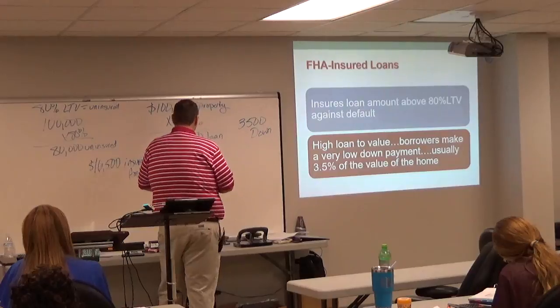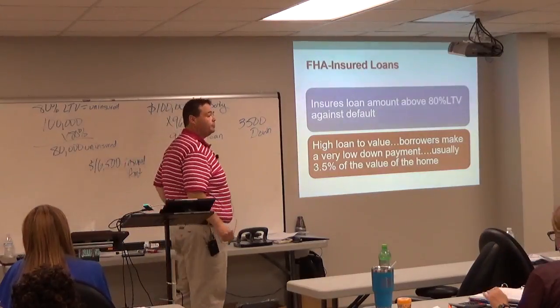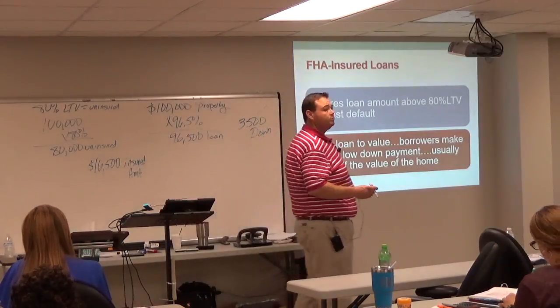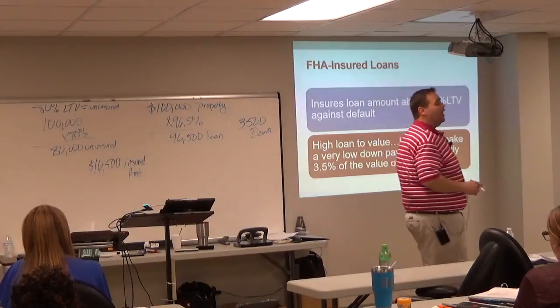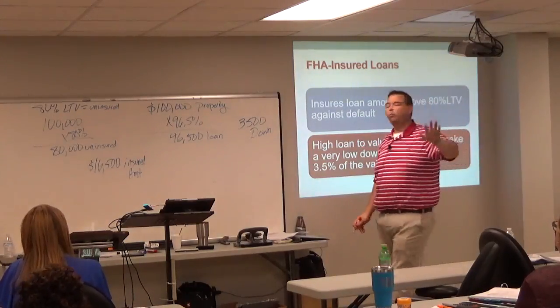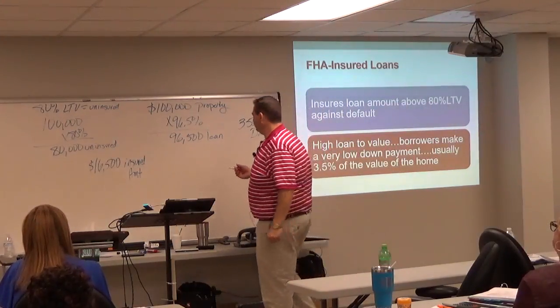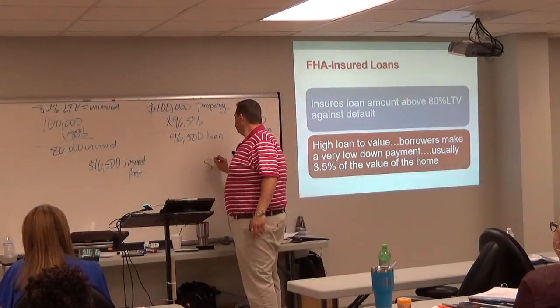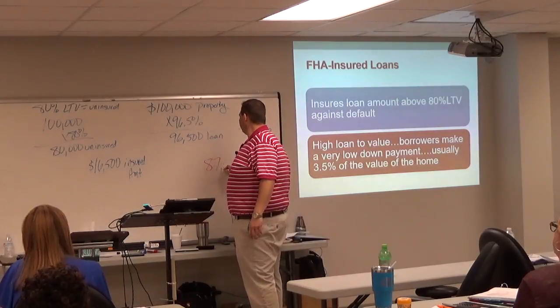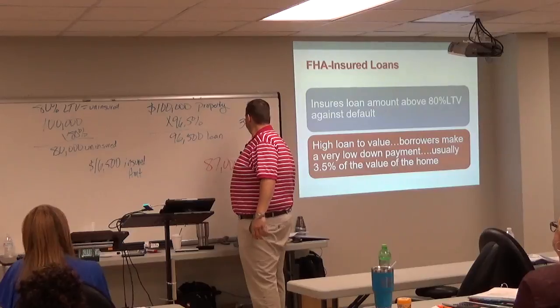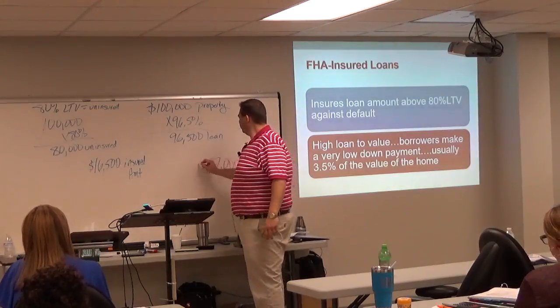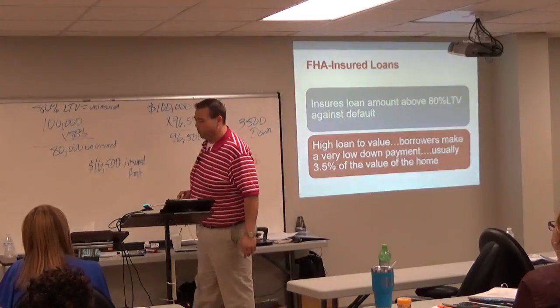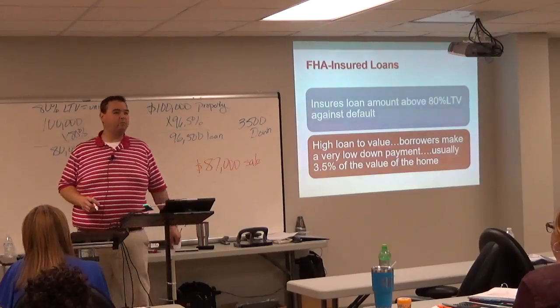So let's say that the borrower defaults, okay? The borrower defaults, and the property sells at the foreclosure auction for $87,000. Property sells for $87,000.